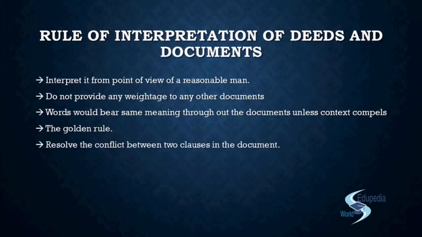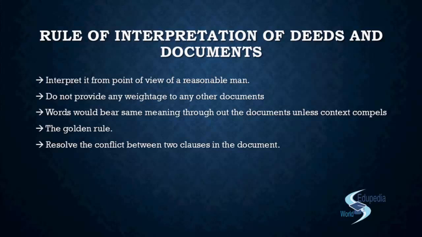Next point, you have to resolve the conflict between two clauses in the document. So this is actually the rule of harmonious construction that you apply. When there are two different clauses in a document and they conflict with each other, which is similar to two different sections in the statute that conflict with each other, what you try and do is find a middle way out.